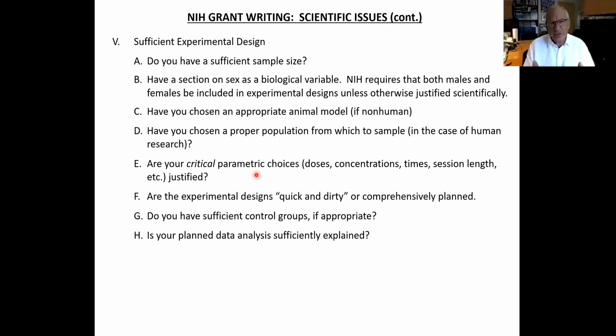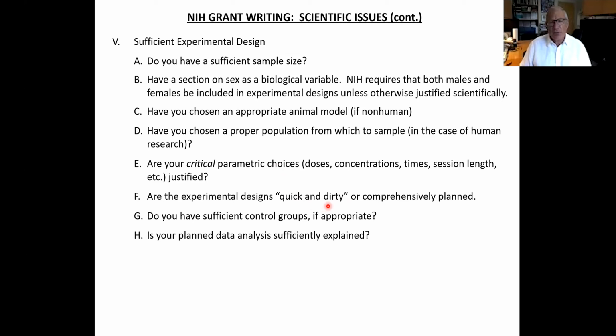You need to justify this. You can't just say, this is what I'm going to do and specify what it is. That's fine, but you've got to say, where did this value come from? What you're trying to demonstrate is that this is a good value, that this is an appropriate value. And if you're not sure, then maybe you've got to run a parametric, dose response type of experiment in order to choose the proper dose for later studies.